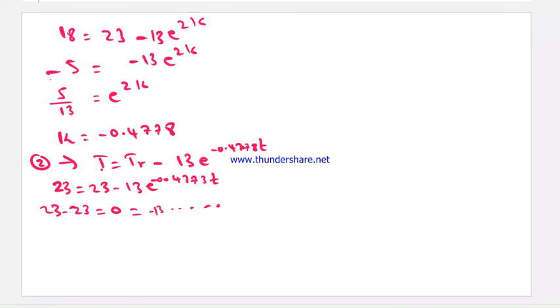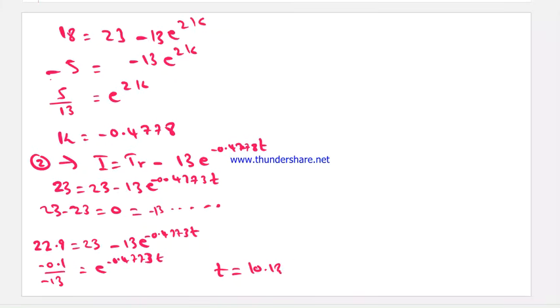So what you can do is that you don't choose T to be 23. Choose something very, very close to 23, let's say 22.9. So 22.9 equals 23 minus 13 exponential minus 0.4778t. If you subtract that, that will be minus 0.1 divided by minus 13 equals exponential minus 0.4778t. So taking ln of that, t will give you 10.187 minutes.